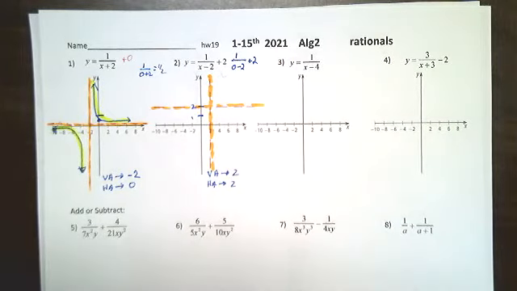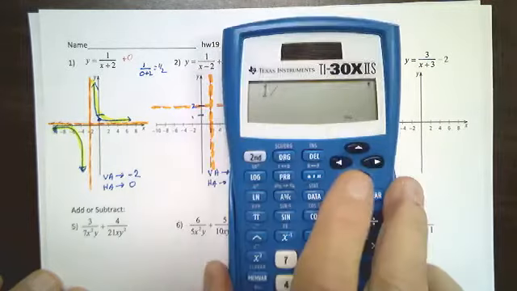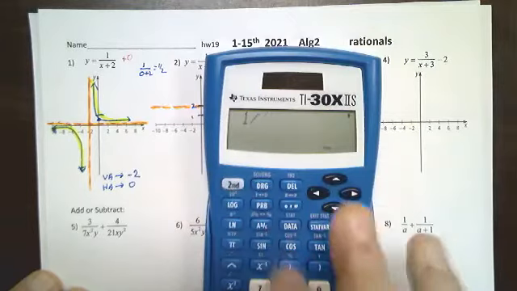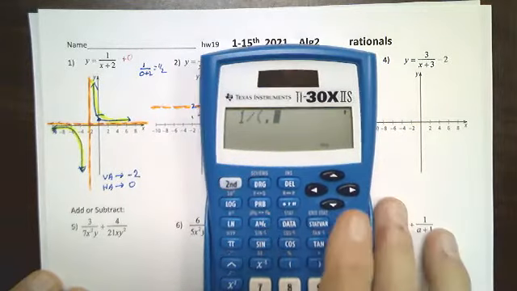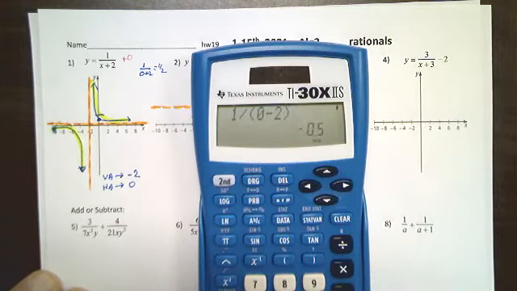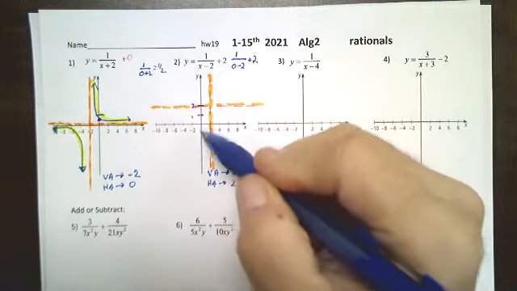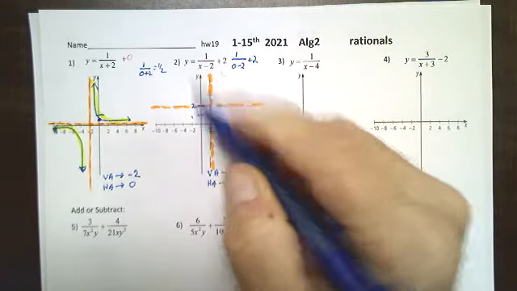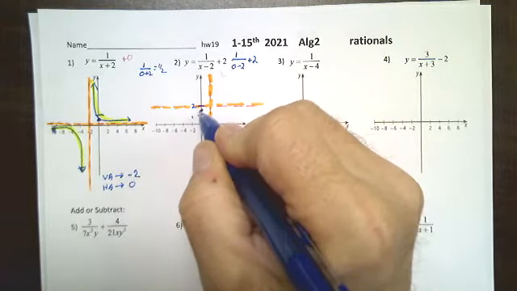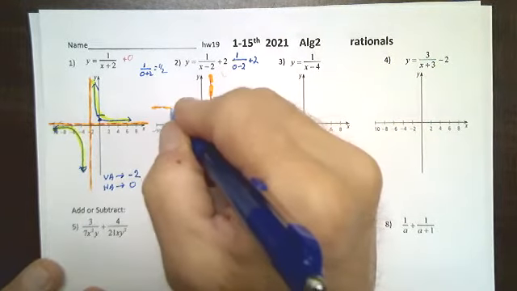So I'll use my calculator to punch this in. 1 divided by 0 minus 2, plus 2, 1.5. So over here at 0, I go up 1.5. There's my dot. That's a good one.